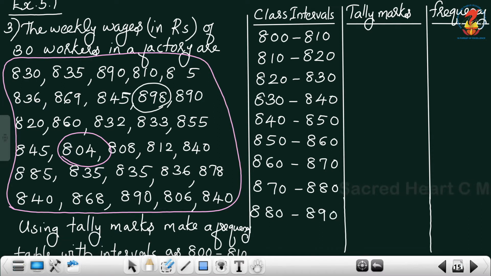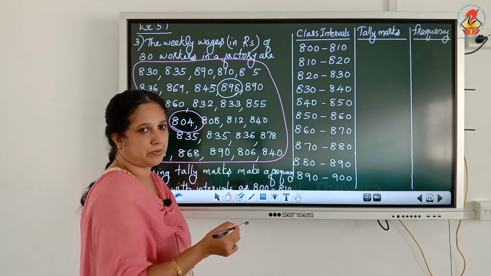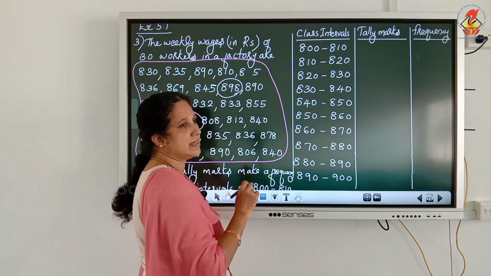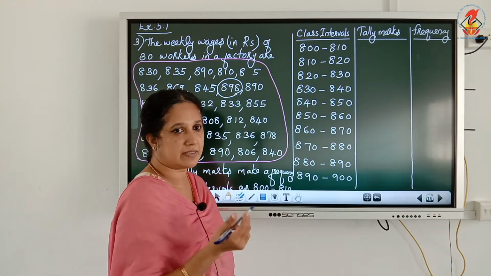So, we have to include 898. So, we need the next class interval 890 to 900. So, the last class interval is 890 to 900. So, when you look at each class interval, you can see that the size of the class interval is 10.